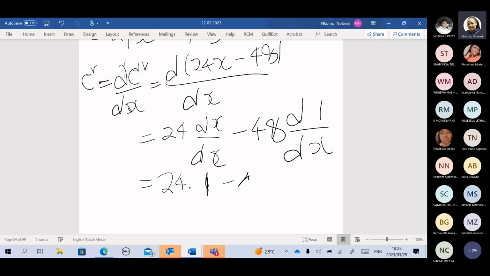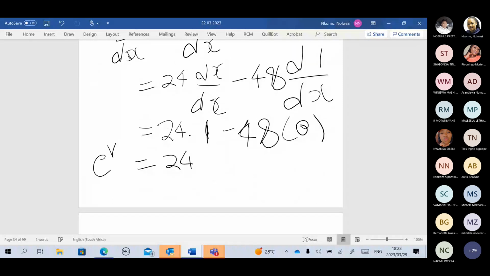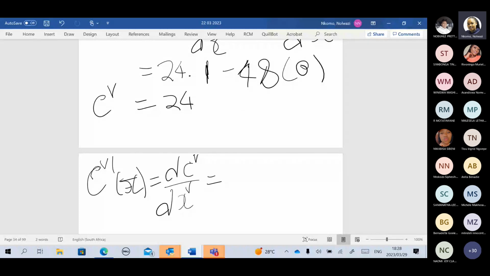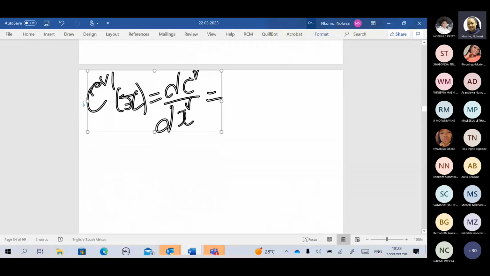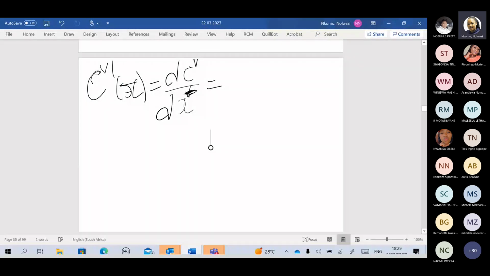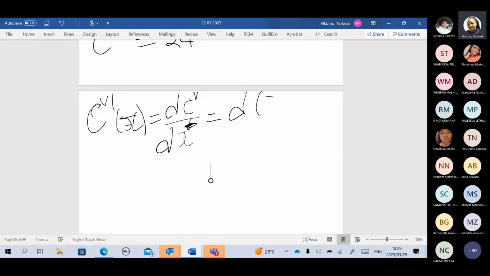Suppose you were asked to find the sixth derivative again, which is the derivative of the fifth derivative. Which is the same thing as the derivative of 24 with respect to x.